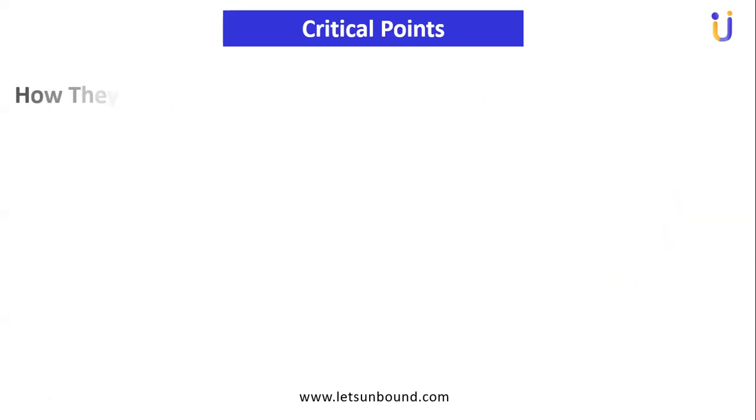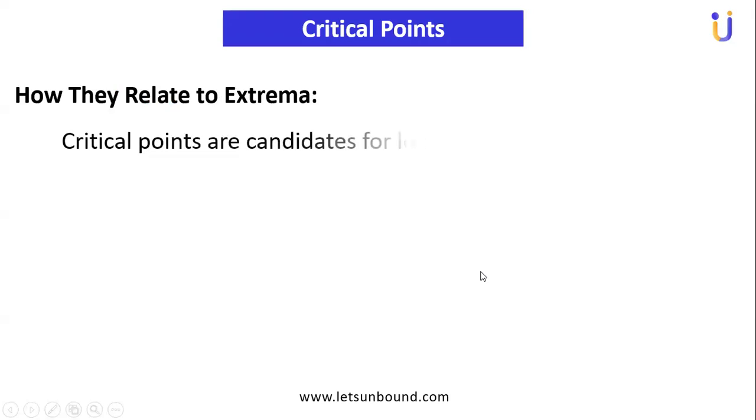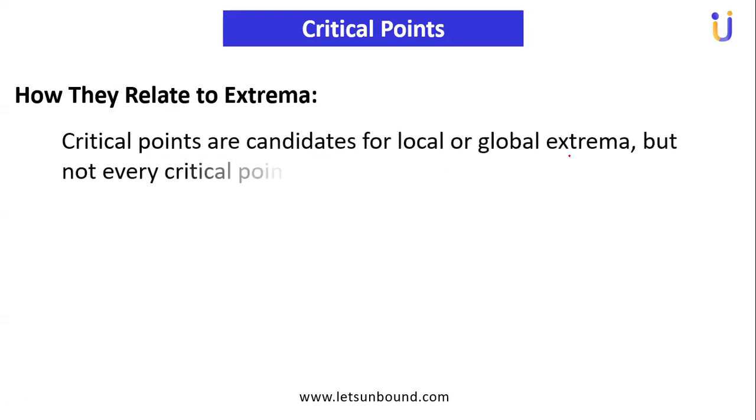Now, how do critical points relate to extrema? We saw that global extrema may occur at critical points and also at endpoints, and local extrema only at critical points. Critical points are candidates for local or global extrema. But not every critical point is an extremum.